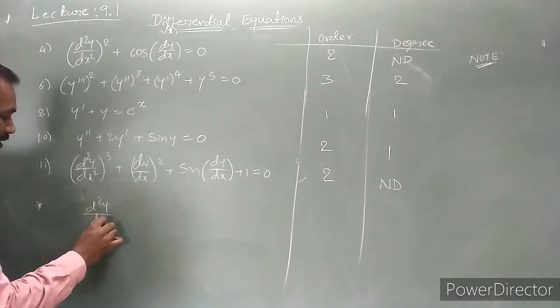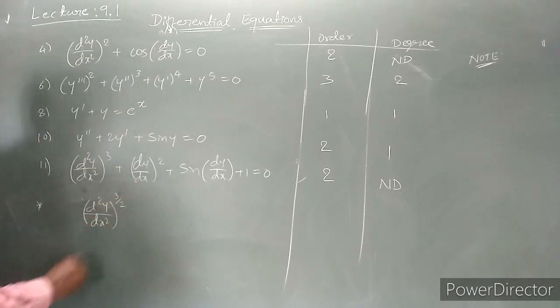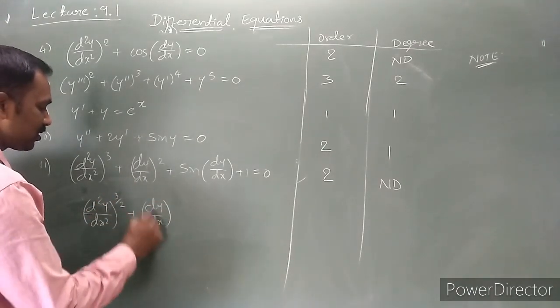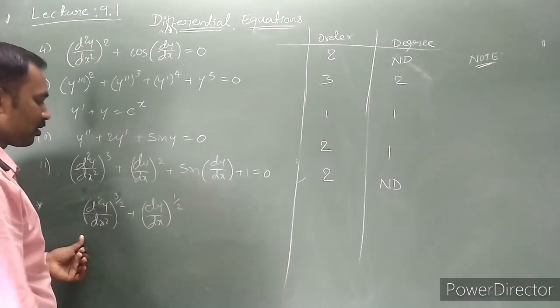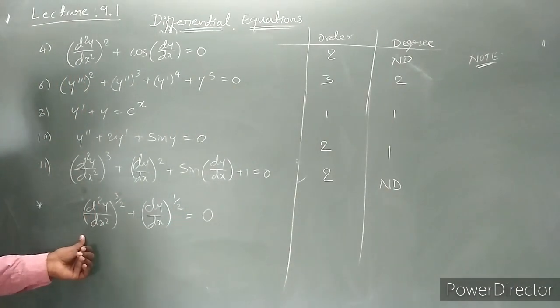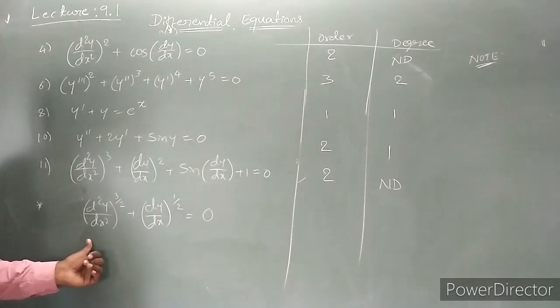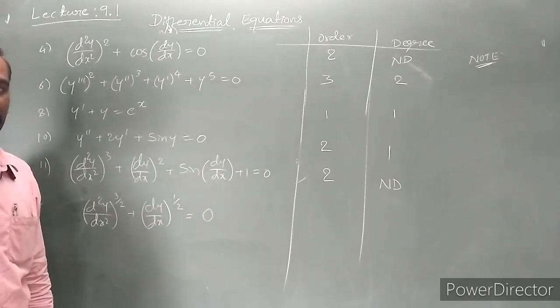(d square y by dx square) whole power 3 by 2 plus (dy by dx) whole power 1 by 2 is equal to 0. What is the order and degree of this differential equation?